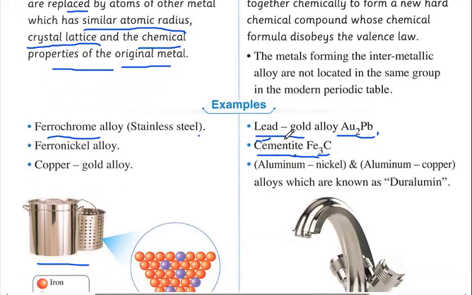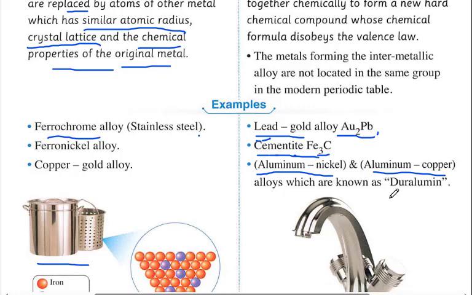There is a very famous intermetallic alloy, aluminum nickel and aluminum copper. We call these duralumin alloys. Duralumin alloy is composed mainly of aluminum and a little amount of nickel or copper. So when you ask that, there is an alloy formed of more than 90%, it may be 94.4% of aluminum and some little amount of manganese, magnesium, and about 4.5% or 5% of copper or nickel.